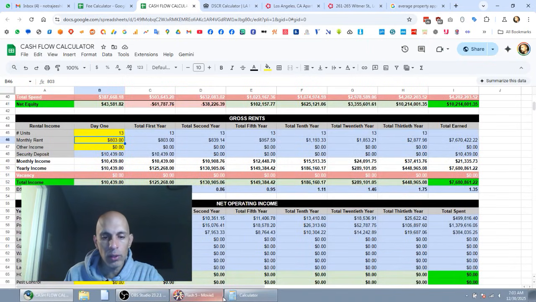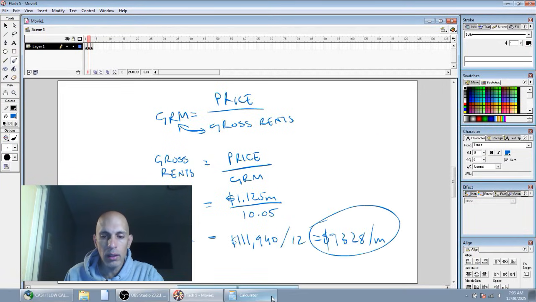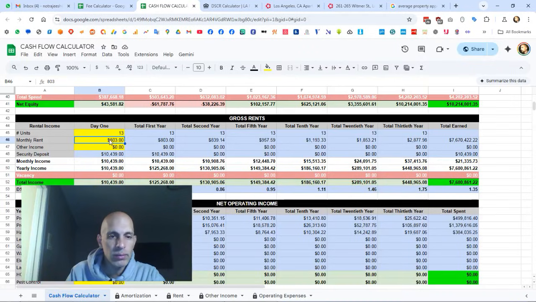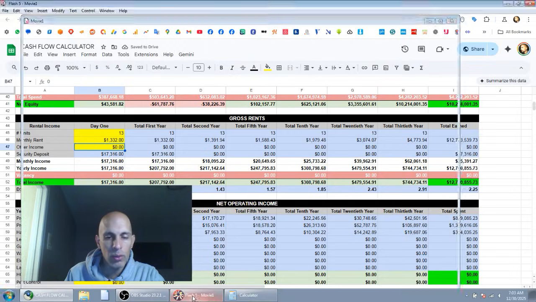So what we're going to do is update this and use this. This is 9,328 divided by 7. That's 1,332 per month. And now our DSCR ratios check out to what it was.